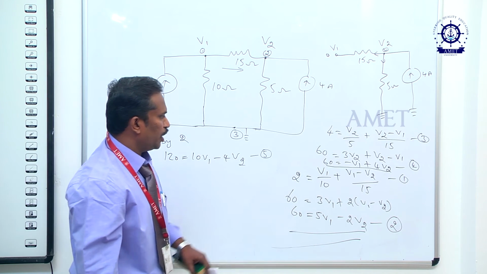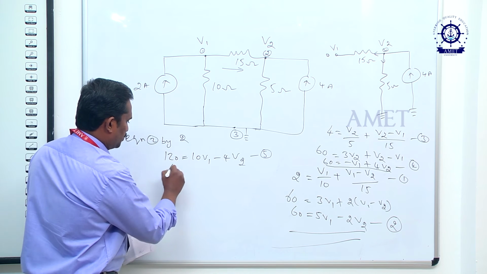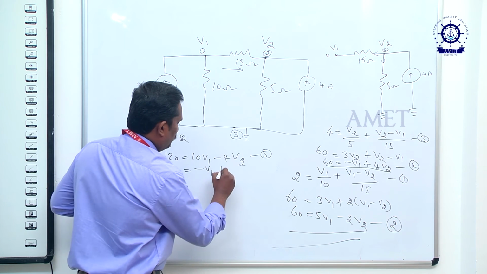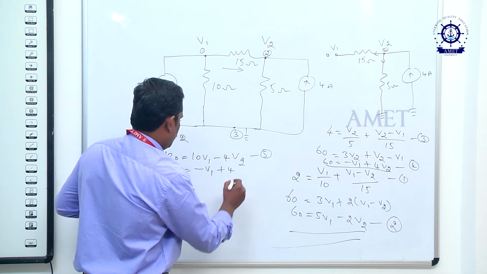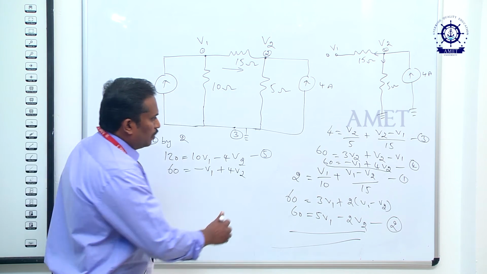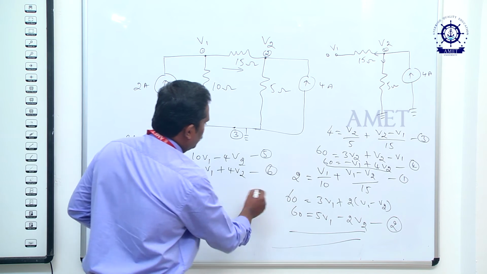Then take the fourth equation and write it as it is: 60 equals minus V1 plus 4 V2. This is the sixth equation.